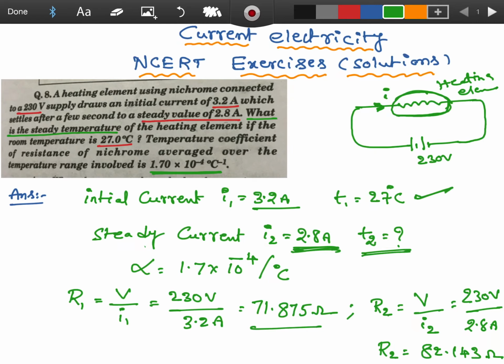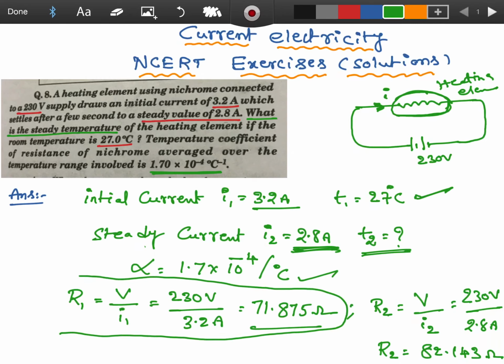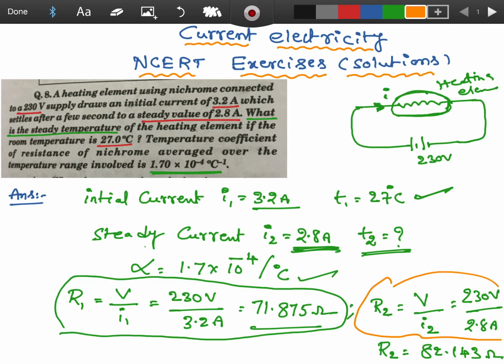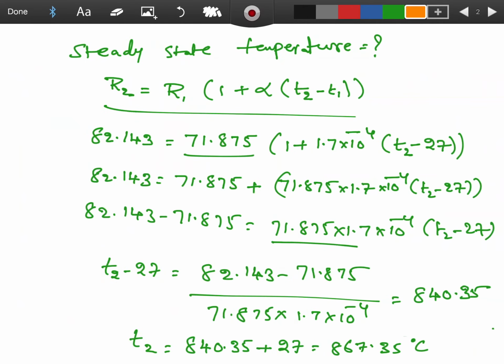We need to find the temperature. Alpha is mentioned. R1, the first resistance, is V by I1; next, R2 is V by I2. Once you know R1 and R2, use the temperature dependence relation R2 equals R1 into 1 plus alpha into T2 minus T1. Substitute the values and calculate T2.